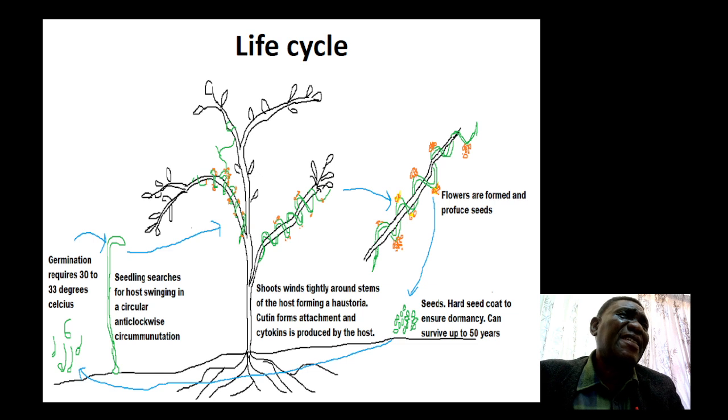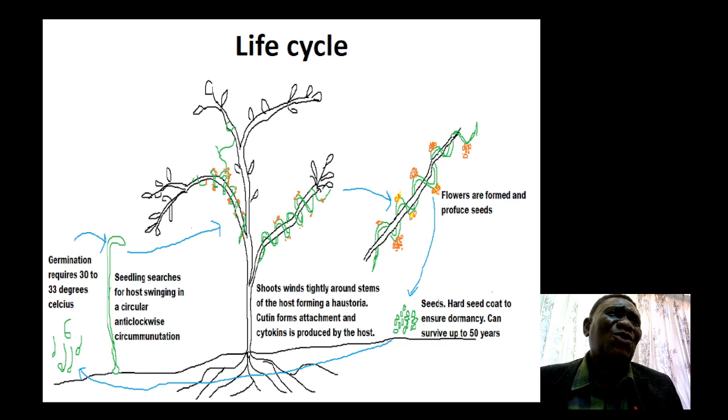After germination, the seedling will look for the host. You have an elongated stem, and this stem will start to search. It actually moves. It grows very fast, moving in a circular or anti-clockwise fashion, which is known as circumnutation. Once it gets hold of its host, it grows right around the stems.